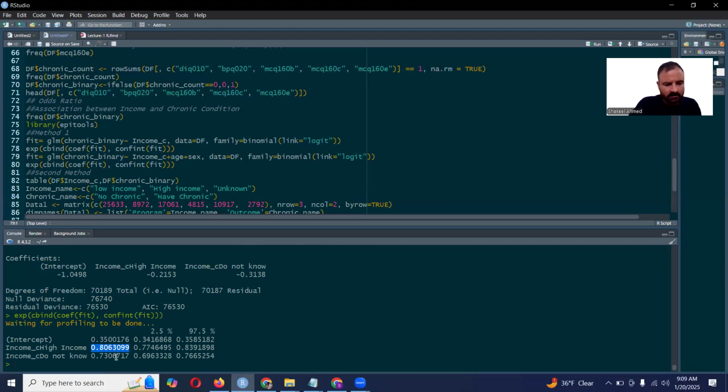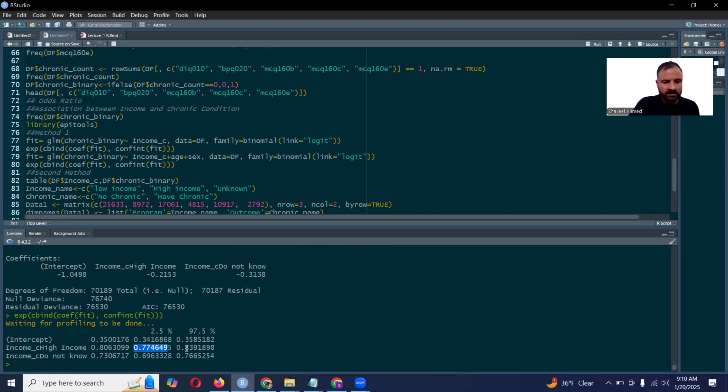It means the people in higher income group have a lower chance of having a chronic disease as compared to the people in the low income categories. That is expected. We were expecting that people with higher income have lower odds or lower probability of having disease as compared to the people belonging to the low income group.